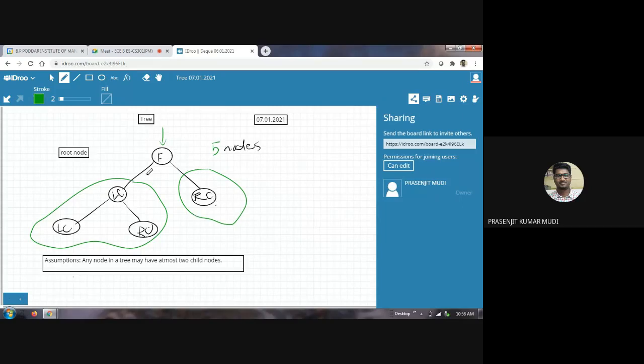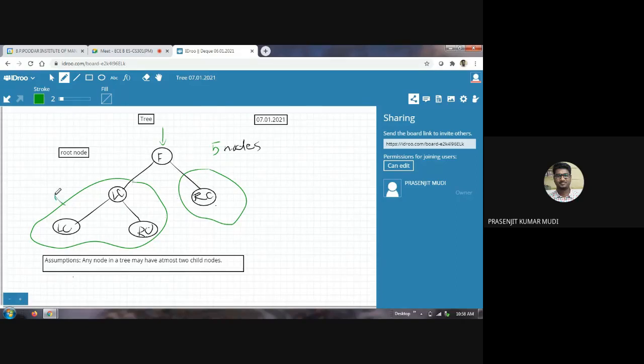If I don't consider the root node, besides the root node there are many nodes, and you can see from the picture that a set of some nodes lies in one part, and the rest of the nodes are placed in the other part.